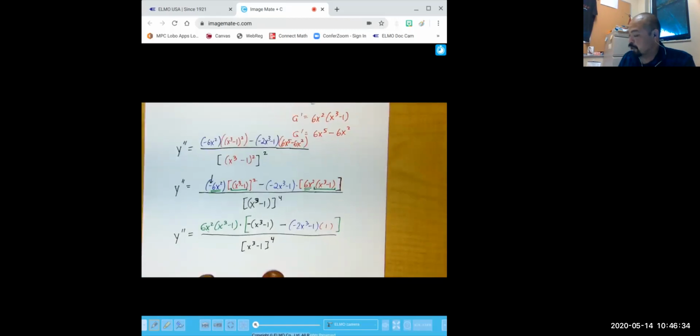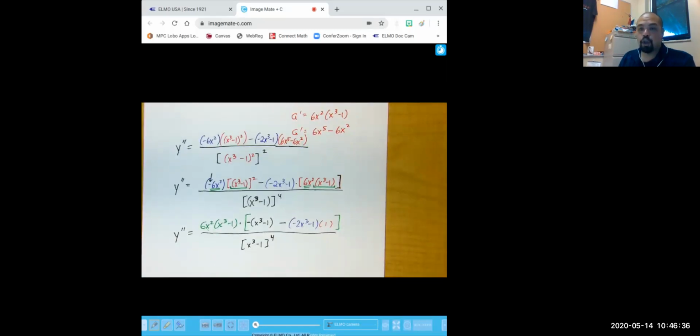Simplifying our algebra here, you could FOIL everything out, combine like terms, work it that way. But let's see how this works for us.